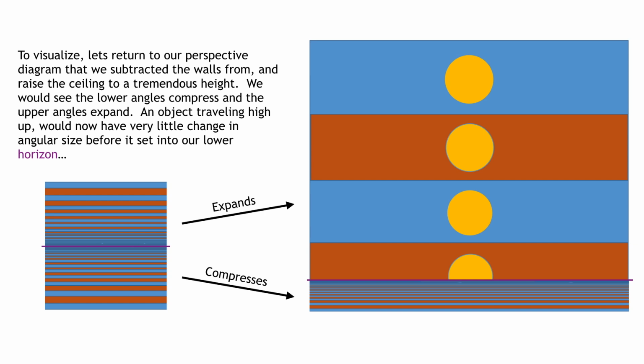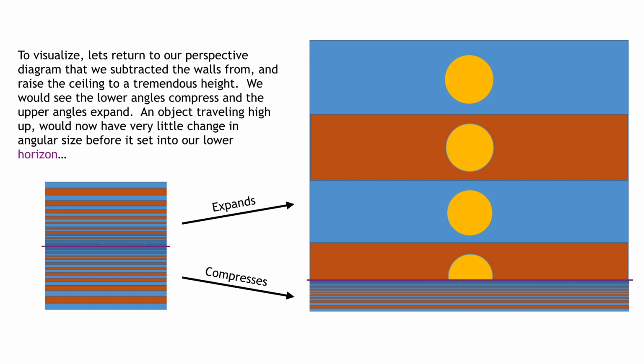So to visualize that, let's return to our perspective diagram that we subtracted the walls away from in part 2. And we're now going to just, let's say we get a little bit closer to the ground relative to a very tall ceiling. We're going to raise the ceiling incredibly high away from us, and then it's going to collapse down within perspective. So relative to this very tall ceiling, we have much more compression of the floor, and much wider angles at the ceiling.